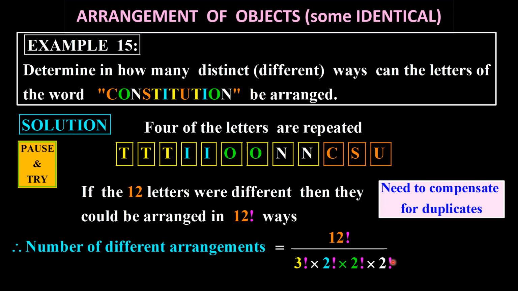Quite a large answer, 9,979,200. So we have 12 factorial, and for the 3 T's we divide by 3 factorial, because we're compensating for those 3 T's. Otherwise we would get a lot of identical arrangements, so we divide by 3 factorial, 2 factorial, 2 factorial, and 2 factorial.